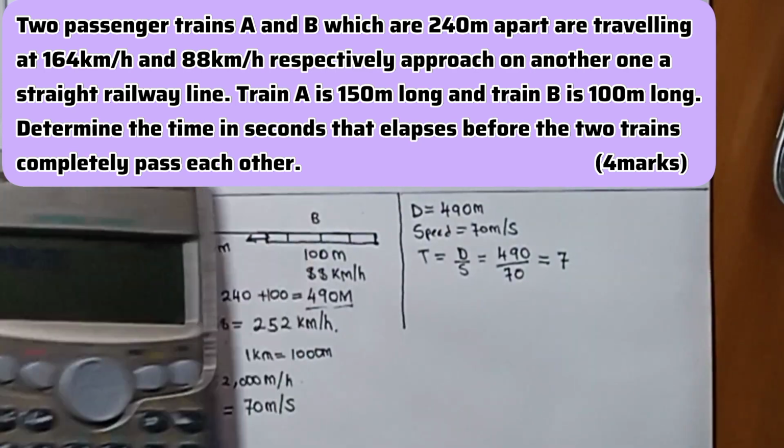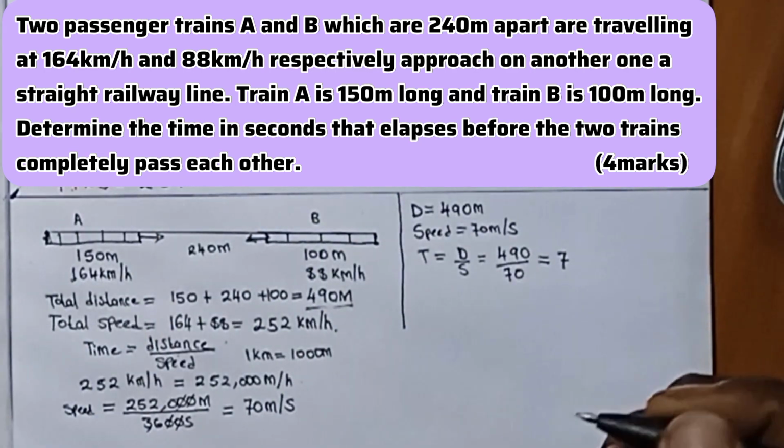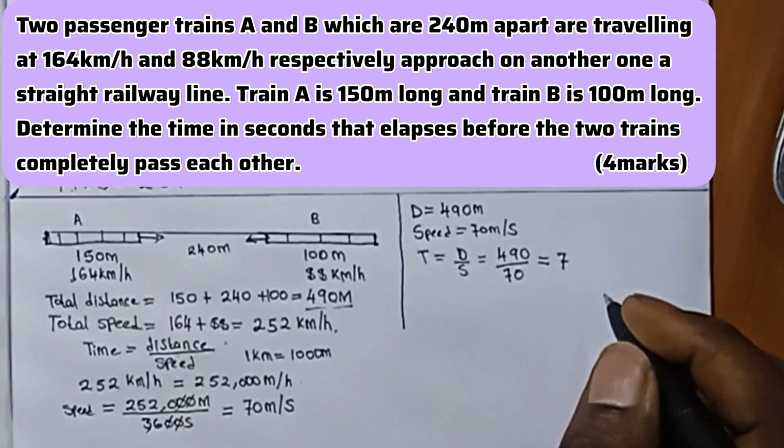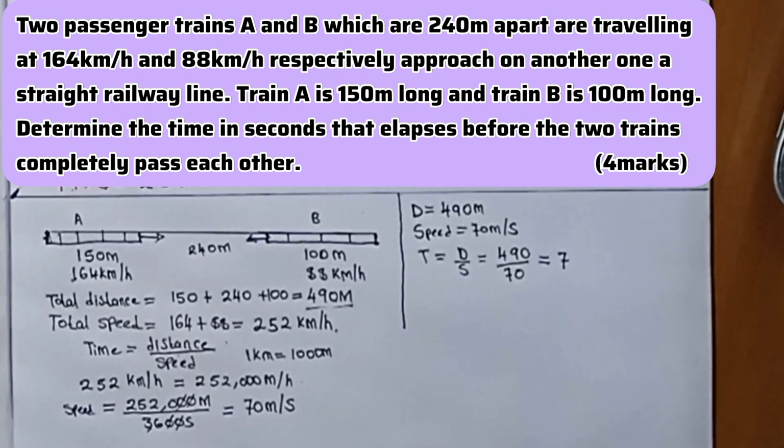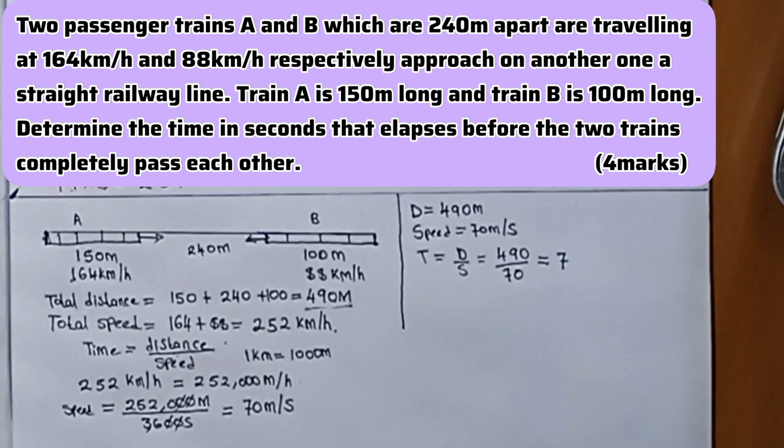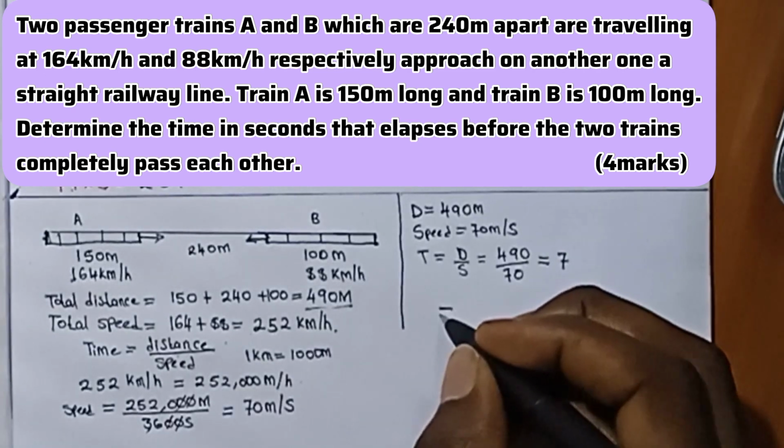So the time in seconds that elapses before the two trains completely pass each other is equal to 7 seconds.